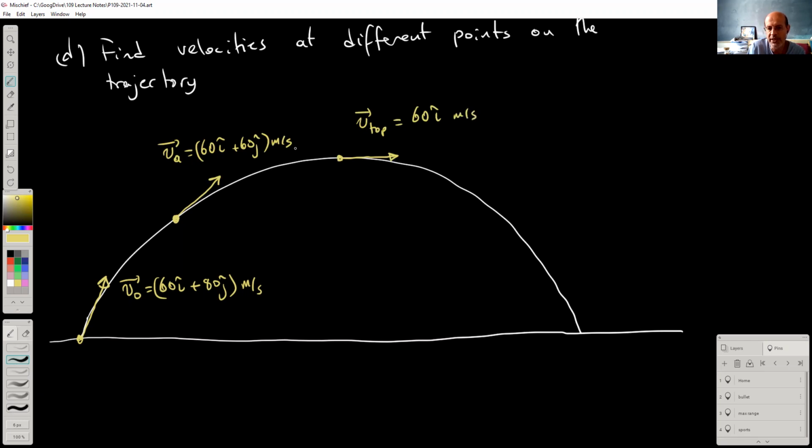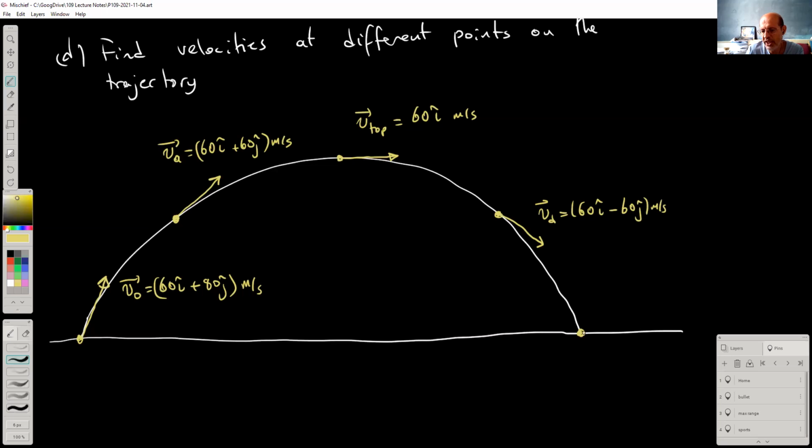So at the topmost point, the y component of the velocity became 0. And when it is descending, at this point, this is VD, the velocity is 60i minus 60j meters per second. So that means the y component became negative.